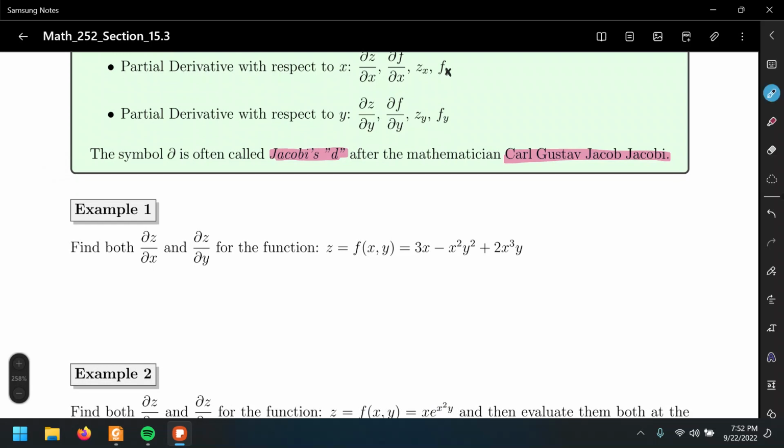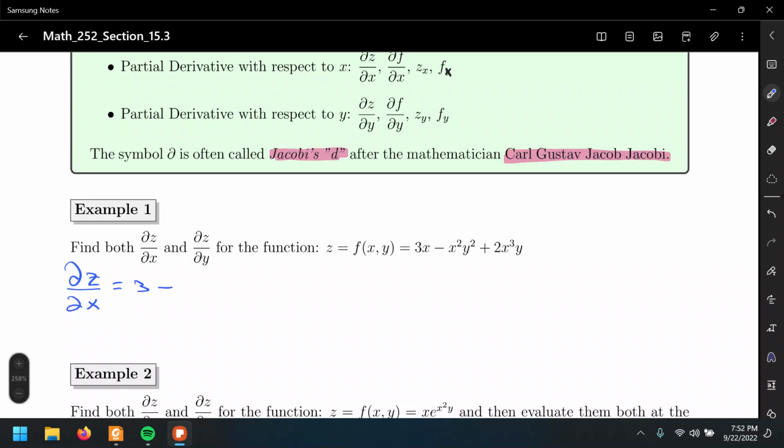All right. So, dz with respect to x. We're going to differentiate all the x's. Number 1, what's the derivative of 3x? 3.